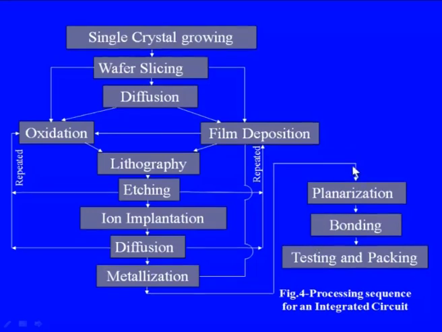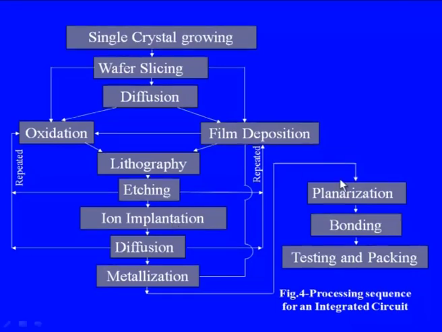So, sometimes one or two in this sequence may be redundant depending on the functionality of the IC, what different functions it will perform while in use. Depending on that, we may have less or more components embedded in it, and therefore, less or more processes may be required in this process sequence.